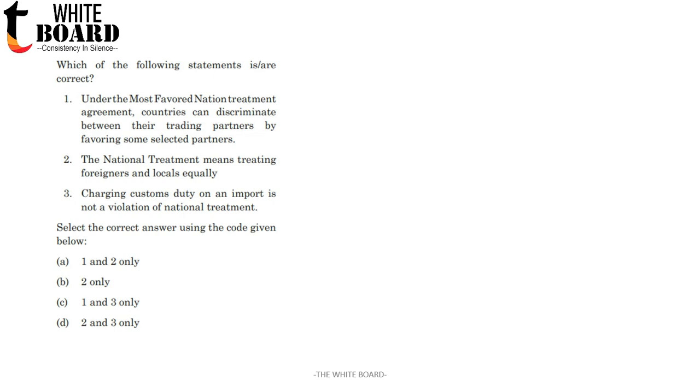Which of the following statements is correct? Under the most favored nation treatment agreement, countries can discriminate between their trading partners by favoring some selected partners. This topic was thoroughly covered in the WTO section. Each and every one who is signing the framework of WTO has to give MFN, most favored nation, status to all the other members.